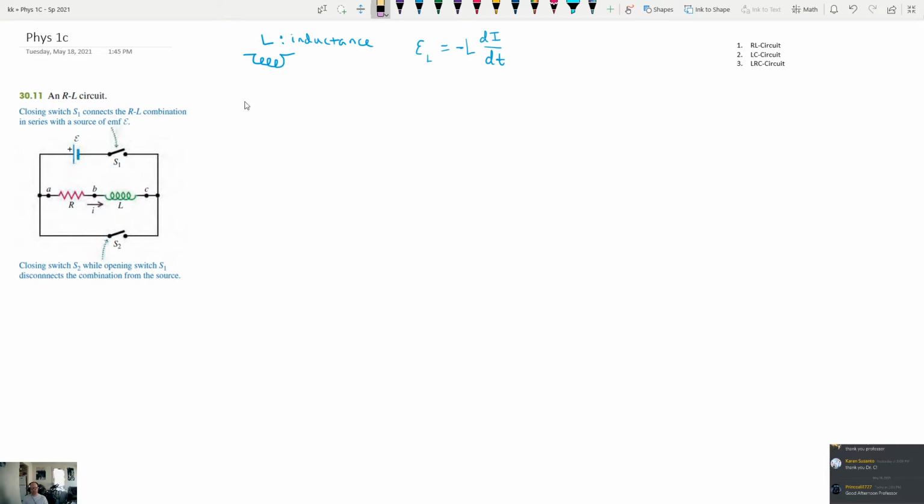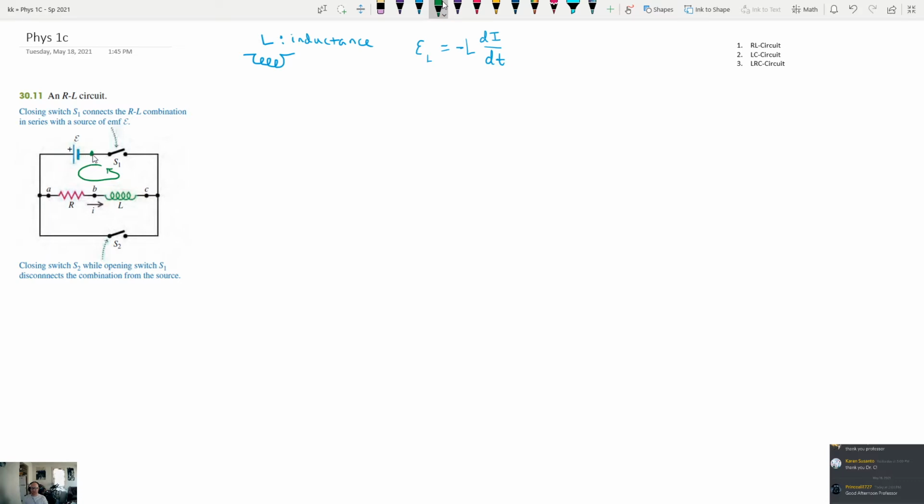Okay. So with this idea of what an inductor can do, we can start to look at an equation for how the current actually develops over time. In this circuit, we are going to do a Kirchhoff loop rule around this circuit like this, starting from here.